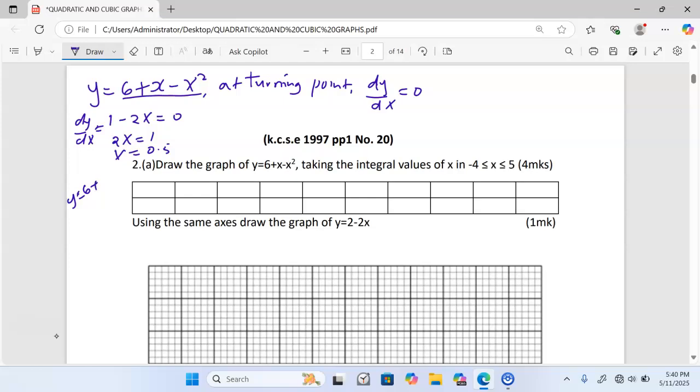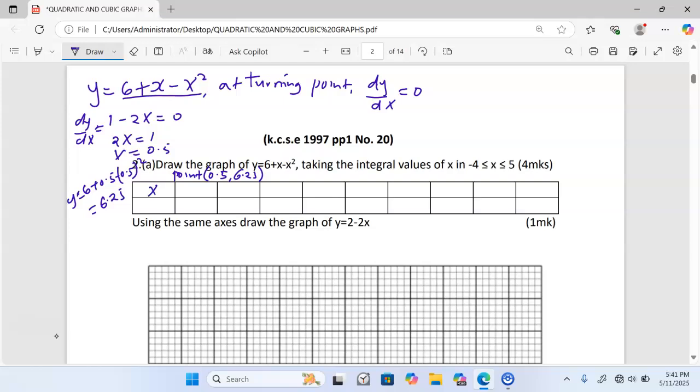We are going to have 6 plus x, which is 0.5, minus x squared, which is 0.5 squared, and this is going to give us positive 6.25 as the y coordinate, and therefore the turning point will be 0.5 and positive 6.25. Those points are going to be plotted once we start.